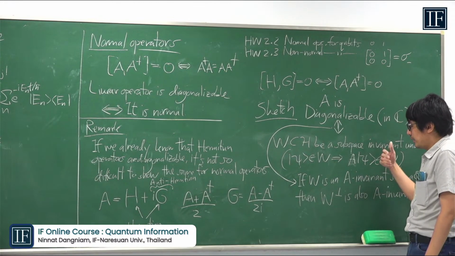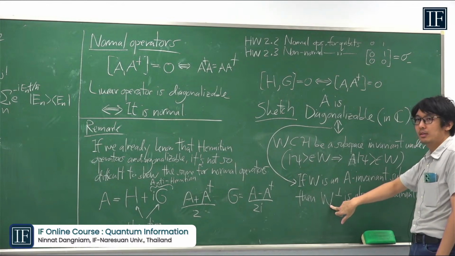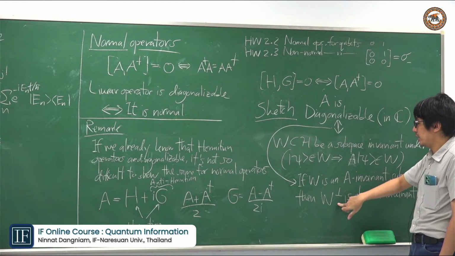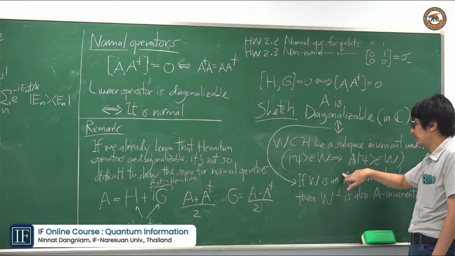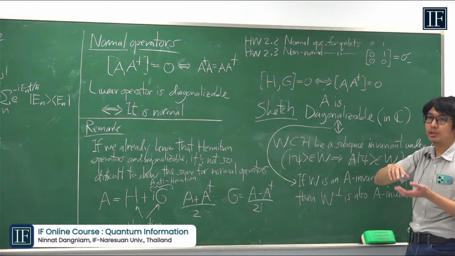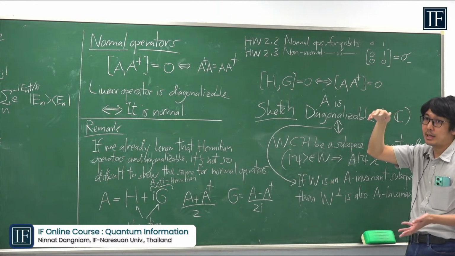But then if furthermore this statement is true, it means that now you can consider the action of operator A on the orthogonal complement here. So you reduce it to a smaller vector space, one dimension less.